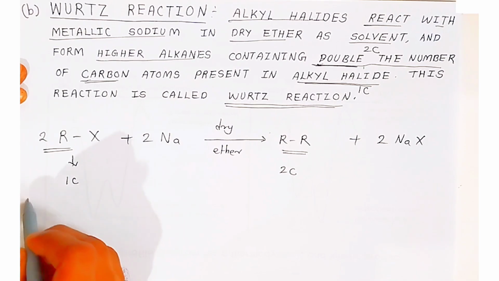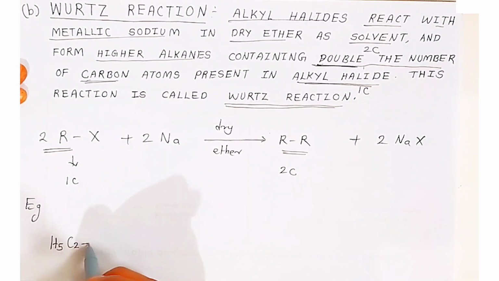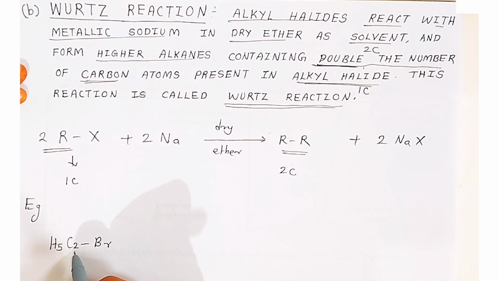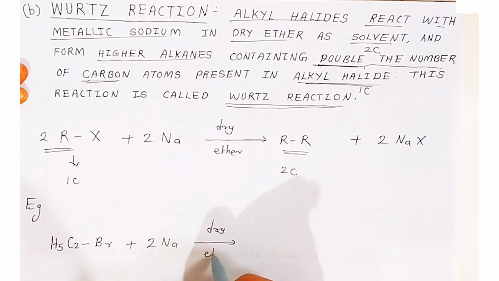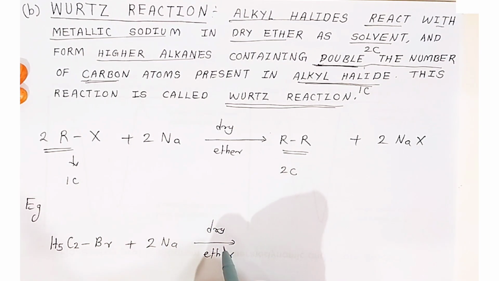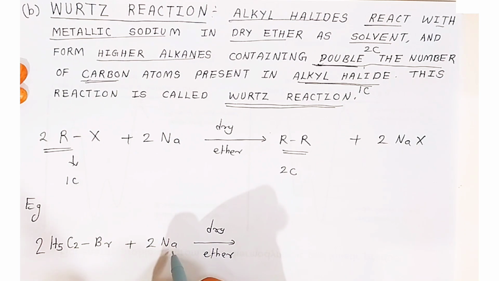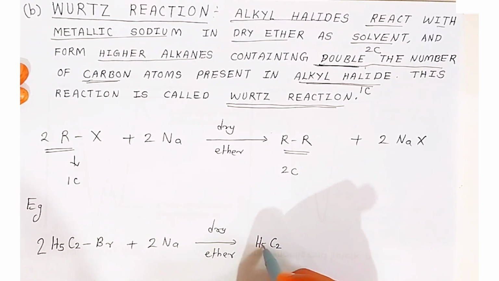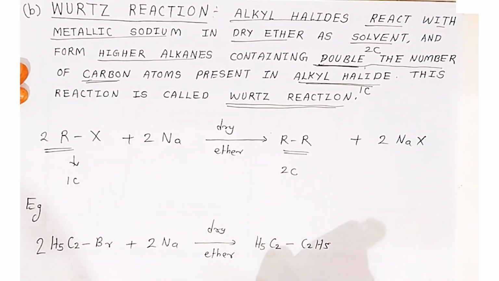For example, students, suppose you take C2H5Br, ethyl bromide. This molecule contains 2 carbons. Now what happens, students, when it reacts with sodium metal in the presence of dry ether? The reaction takes place in dry ether, students. These 2 molecules of ethyl bromide will react with 2 atoms of sodium and form C2H5-C2H5, that is 4 carbon atoms.